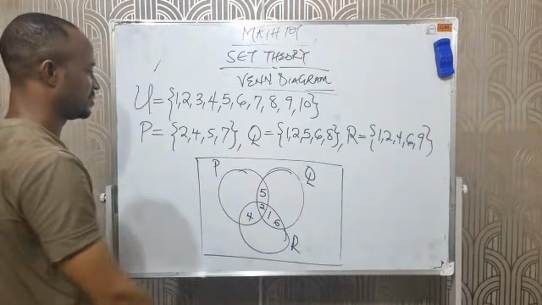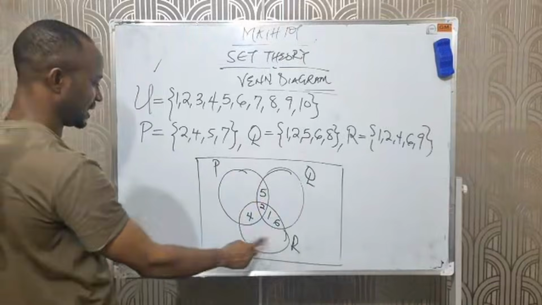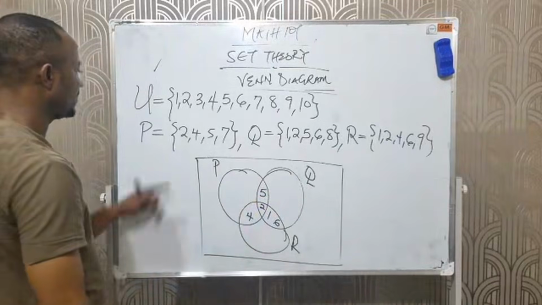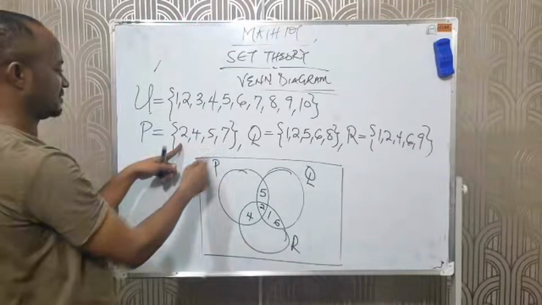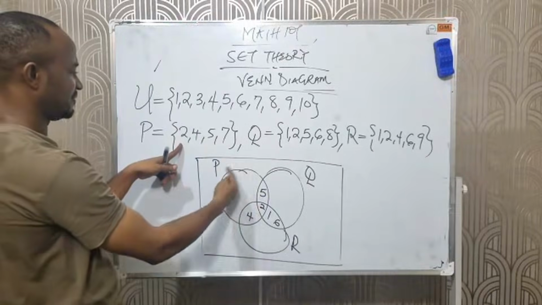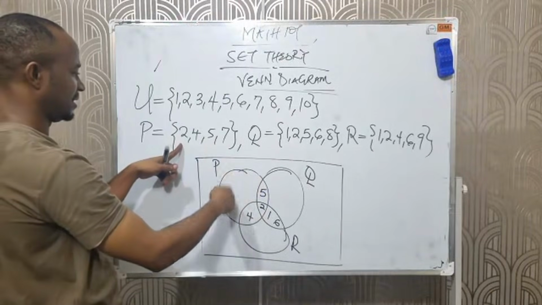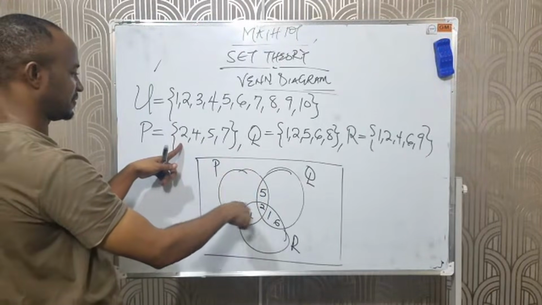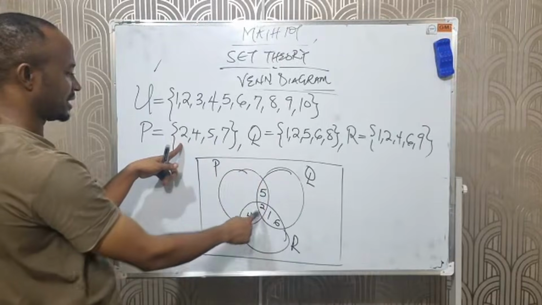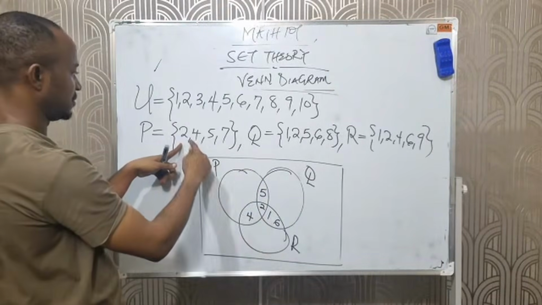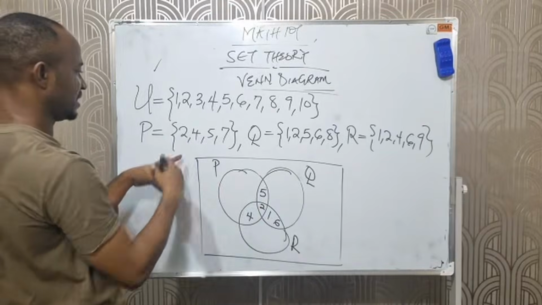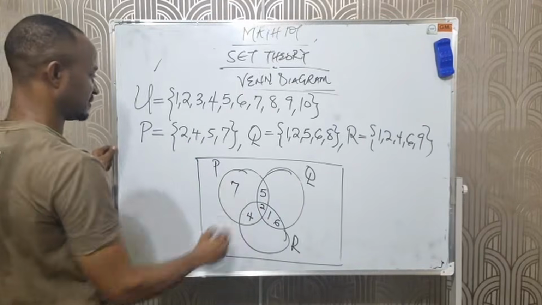The next is to bring out P only, Q only, and R only. P is 2, 4, 5, 7, and this circle here represents the subset for P. That means we have only brought out 2, 4, and 5. What remains in P is 7.